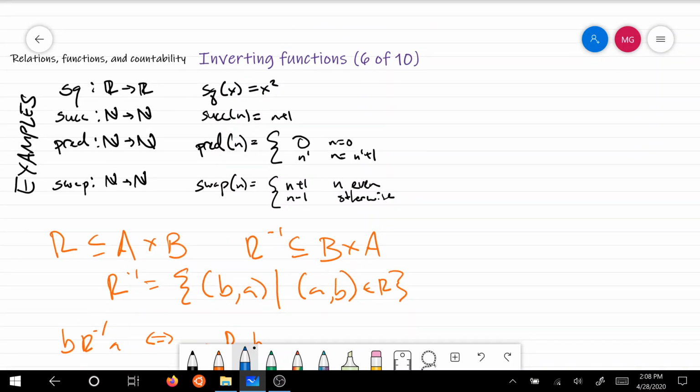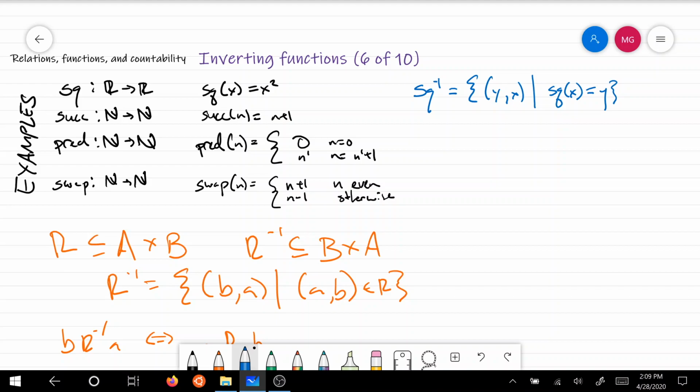So square inverse is going to be those (y, x) such that the square of x is equal to y.